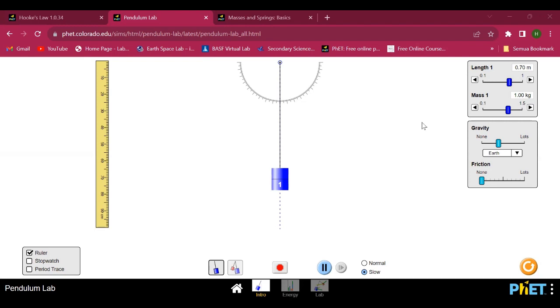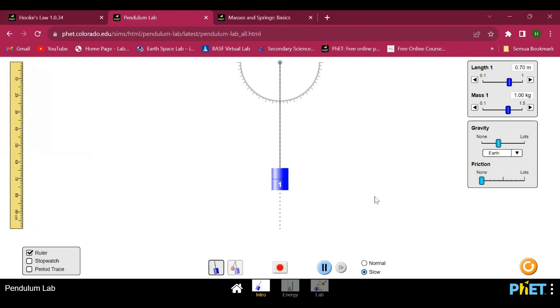So how do we find that formula? I'm going to show you how we find that formula through this simulation. But firstly, I will show you the understanding of restoring force.